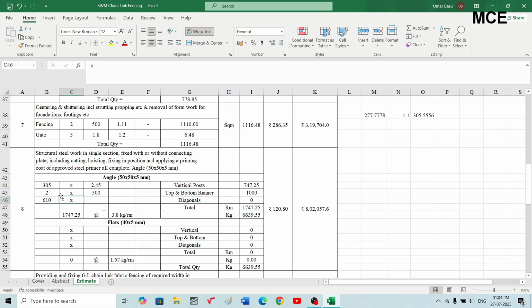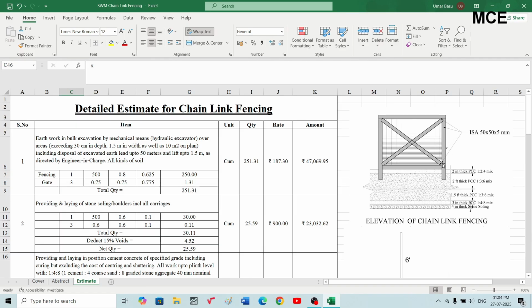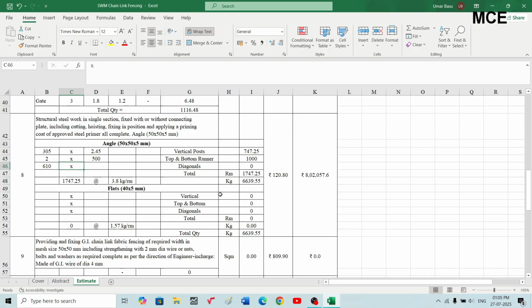Okay, and the length of diagonals: since this is 6 feet, and also the length between the 2 vertical posts is also 6 feet, this will be the hypotenuse of this triangle. So hypotenuse will be under root of 1.8 square plus 1.8 square, which is equal to 2.54, the length of the diagonal.